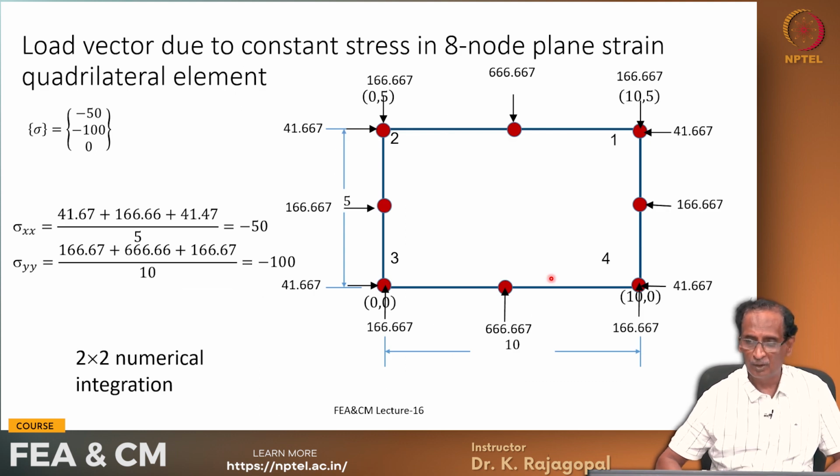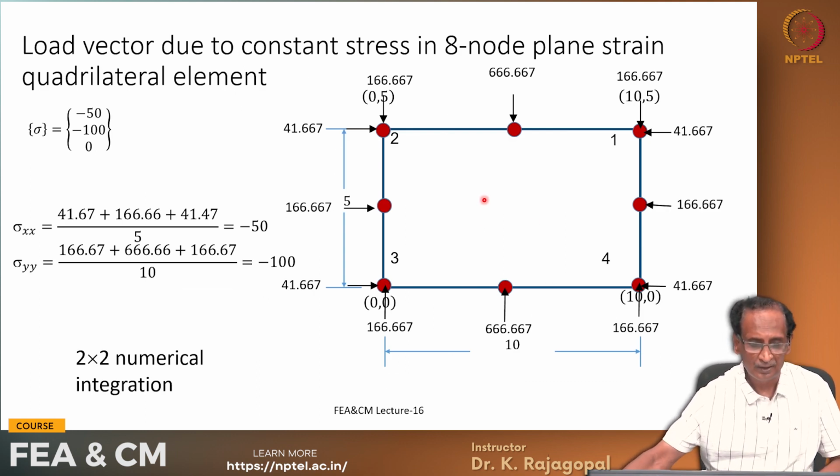And so the load vector for the same stress state on an 8-node quadrilateral is like this. It's a bit more complicated, because at the mid-side node we have 4 times the load at the corner nodes, whether it is in the vertical direction or the lateral direction. 166.66 multiplied by 4 is this, 41.66 times 4 is this 166.